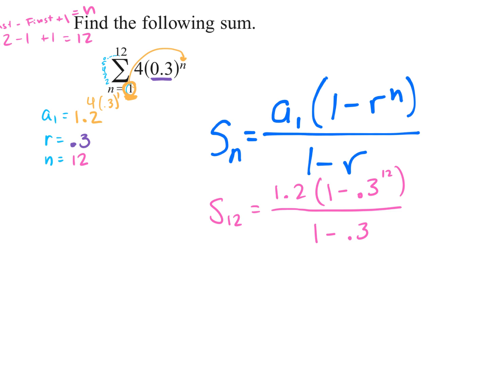So just make sure you follow your order of operations when putting this in the calculator. I'm going to do 1 minus, and then in parentheses, 0.3 to the power of 12, and times 0.2 times 1.2. So that's the top. So on top, you should get 1.1999.